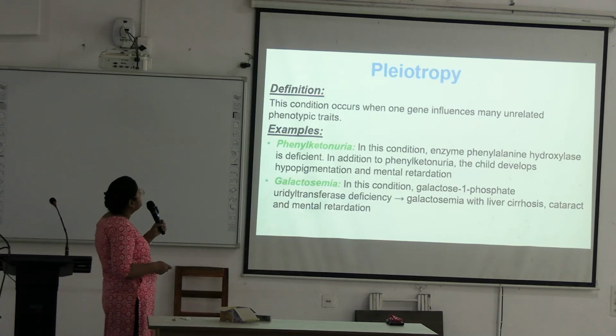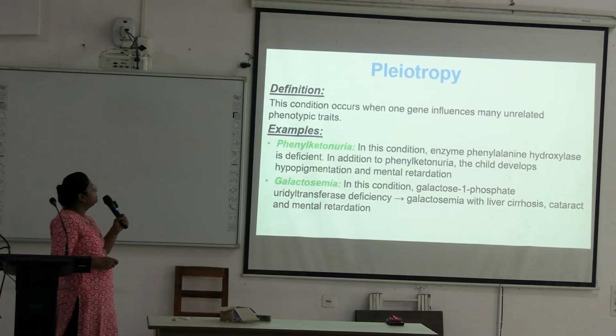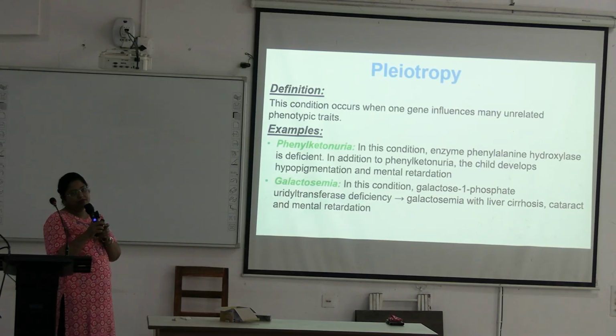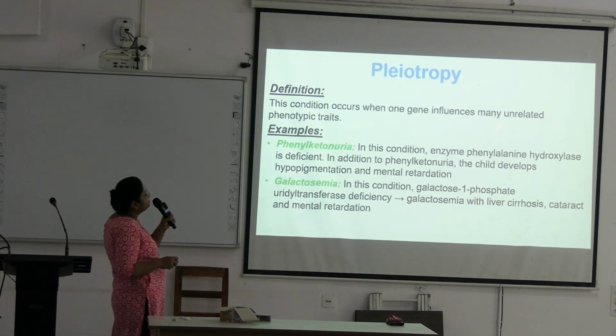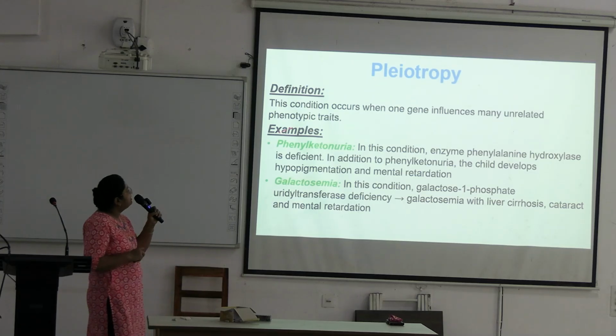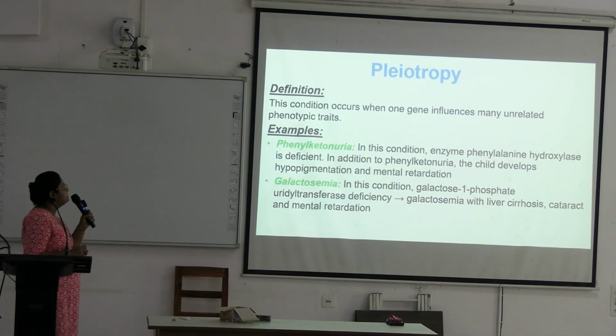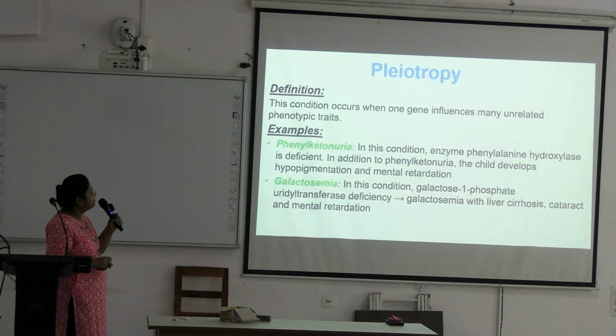Okay. What is pleiotropy? Pleiotropy terms are important for your viva and MCQ. Pleiotropy: this condition occurs when one gene influences many unrelated phenotypes. Examples are these two: phenylketonuria, galactosemia.